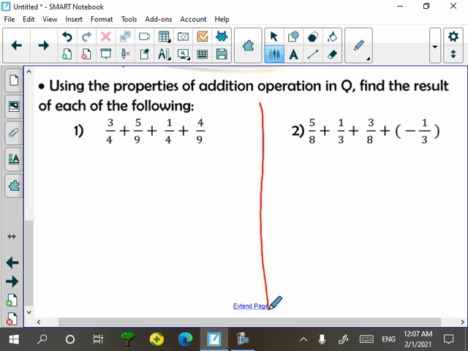Number 1, 3/4 + 5/9 + 1/4 + 4/9. We can realize that 3/4 is similar to 1/4.